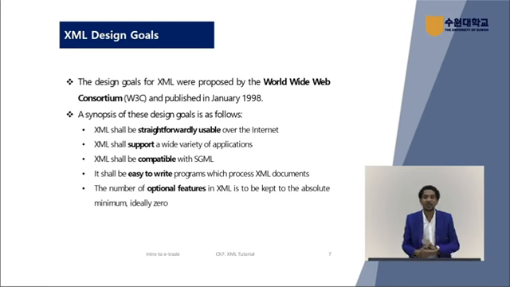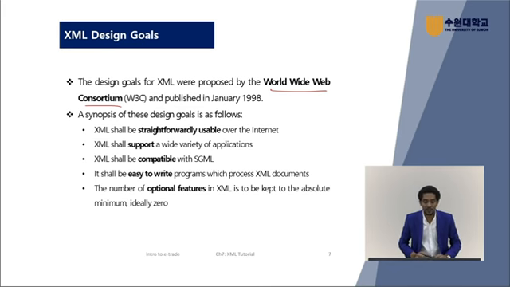So again, let's talk about the design goals of XML. What are the design goals? So the design goals for XML were proposed by the World Wide Web Consortium and published in 1998.